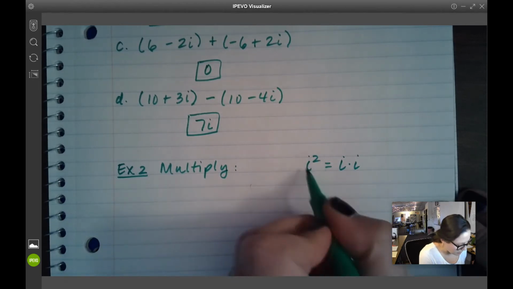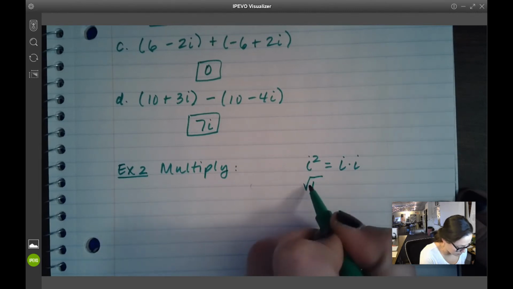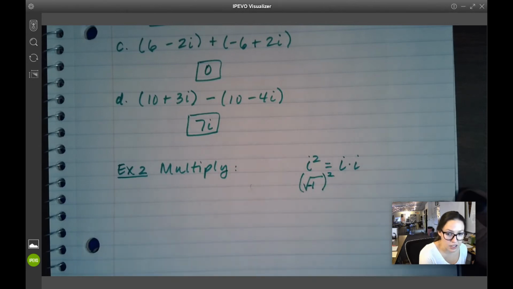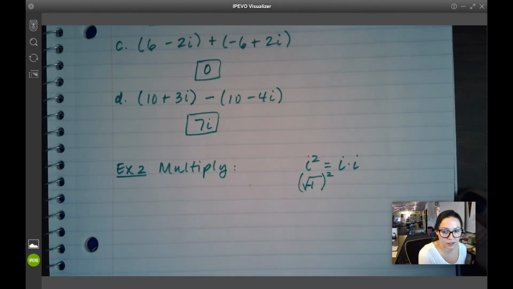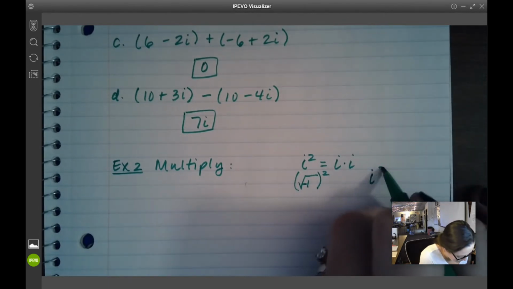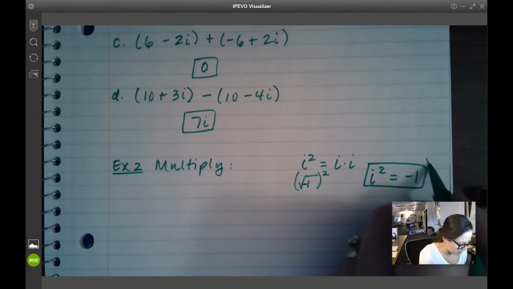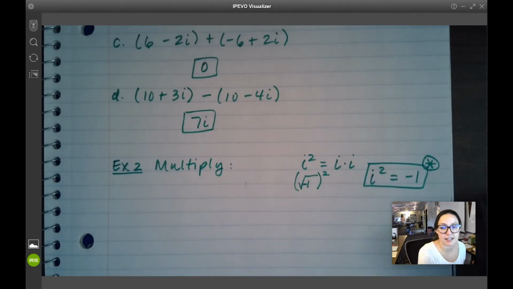And remember, i is the square root of -1. And if I square the square root of -1, we get -1. So the key that you need to remember is that i squared equals -1. And that's something that you will need to memorize and know as we are doing this multiplication. It will make sense once we start doing some examples here.